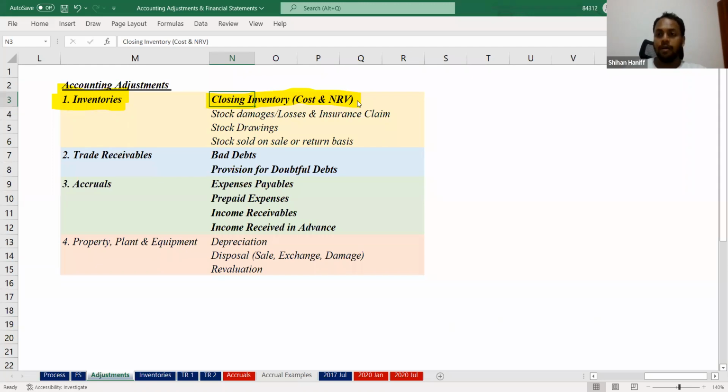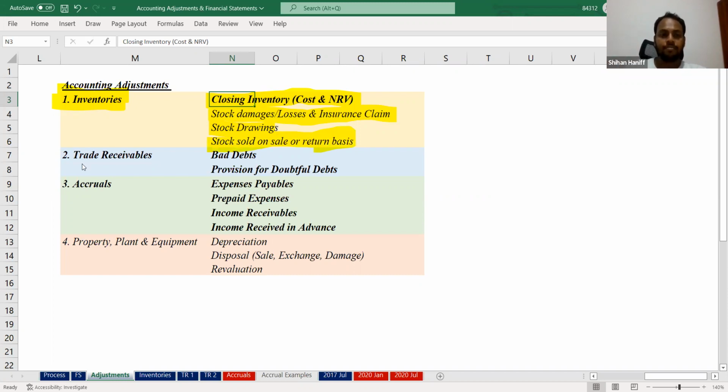Under that, there are two concepts, cost and NRV. NRV means the net realizable value. I will explain that when I explain the closing stock adjustment. Then there can be stock damages, losses, and insurance claims. Then stock drawings. Stock sold on sale or return basis.